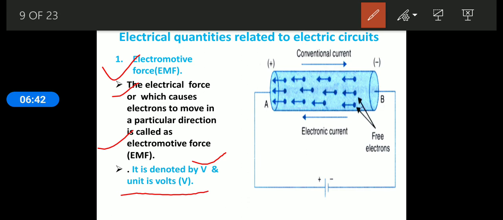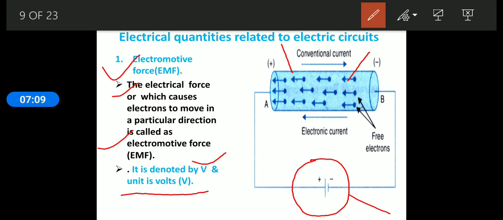That is, in this circuit, this is the symbol of DC source. This DC source is applied to the metal piece or conductor. The conductor consists of a large number of electrons. Electron has a negative charge.